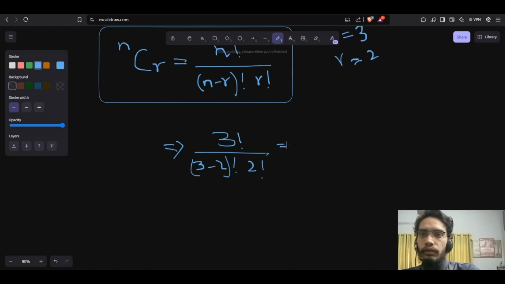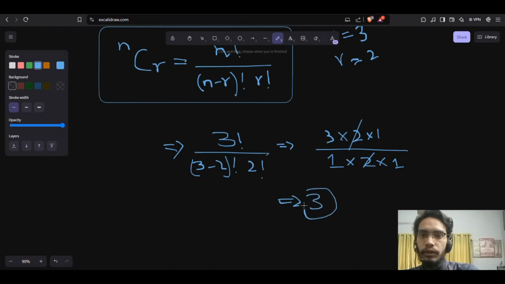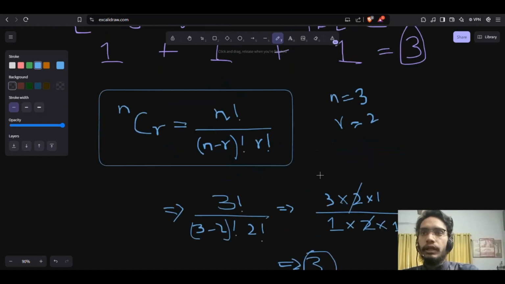In the numerator we have 3 into 2 into 1 if I open up 3 factorial. 3 minus 2 is 1 factorial, which is eventually 1. And if I open up 2 factorial, it is 2 multiplied by 1. If I cancel out the 2 with the 2, I get only 3. So there are 3 possible combinations that I can make out of these balls.